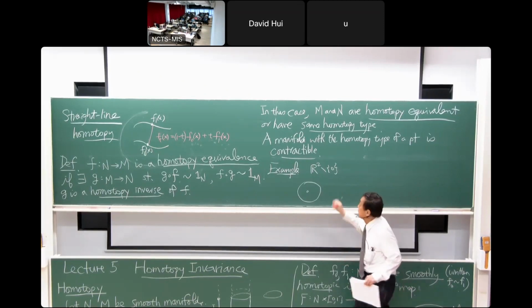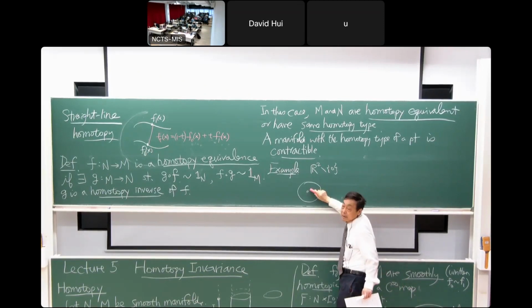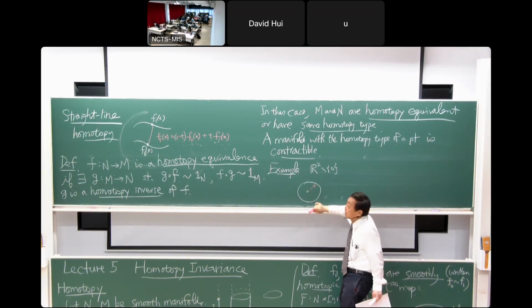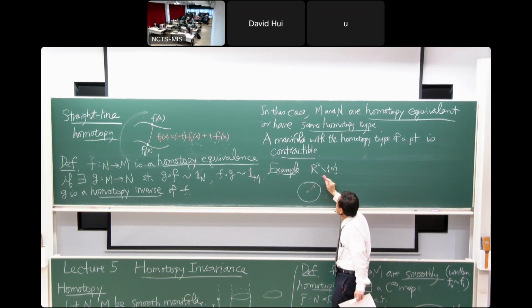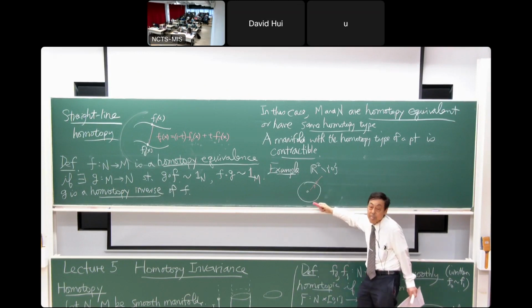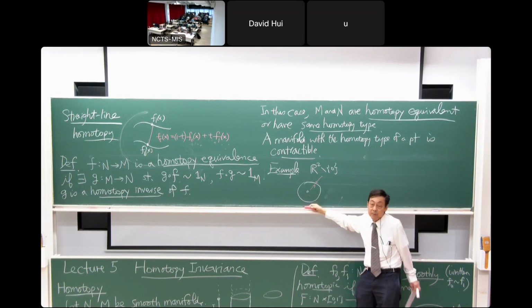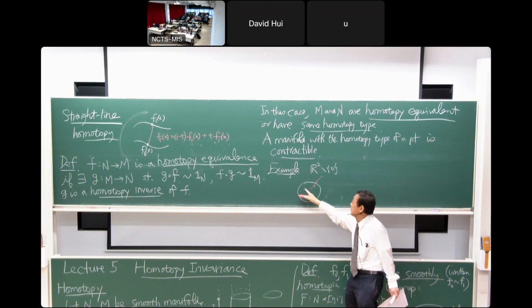Okay. So it looks like you can squeeze the punctured plane to the unit circle, right? Every point can be mapped to the unit circle. You have to remove the origin because the origin cannot be mapped to the unit circle.